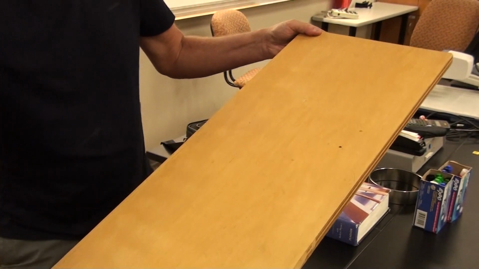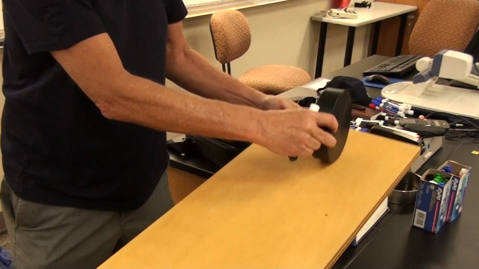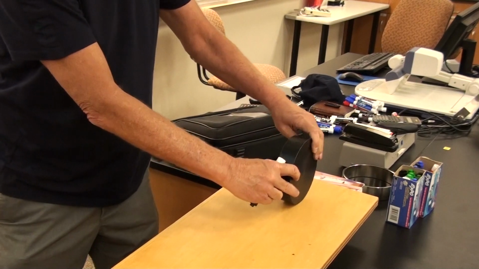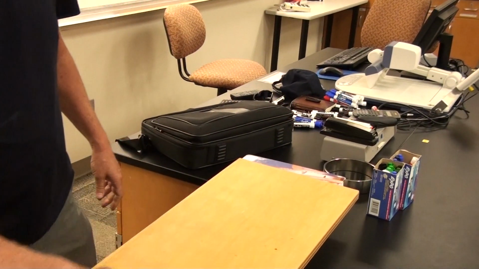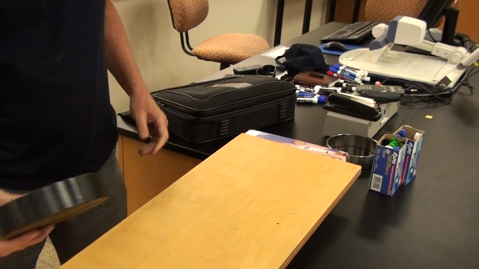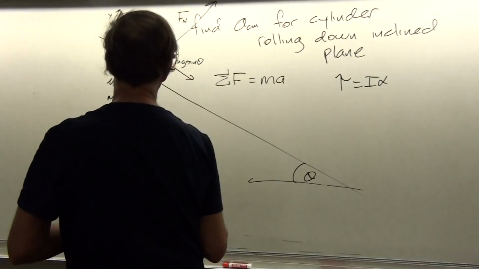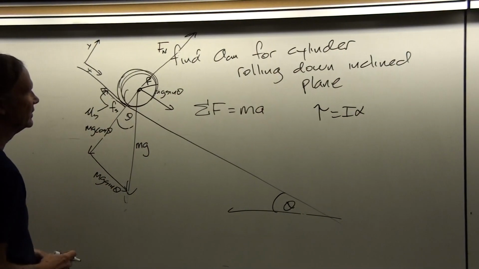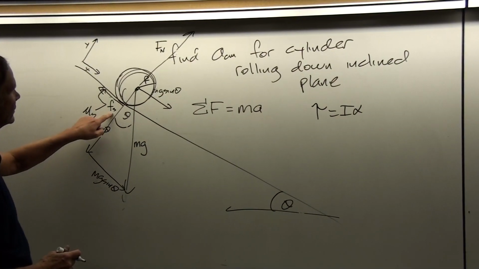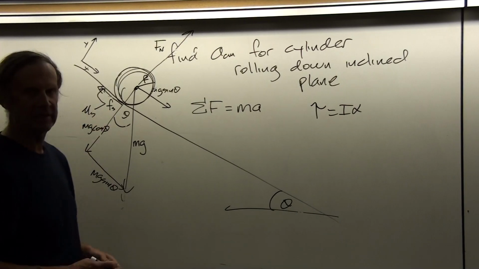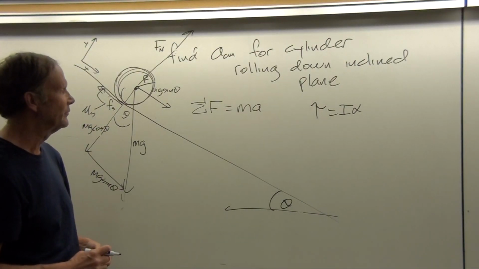So eventually we'd reach a point where we'd have some sliding and some rolling. But here, we're in a pure rolling mode, and the static friction force is unknown because we do not know how close to the maximum force of static friction we've pushed the system.